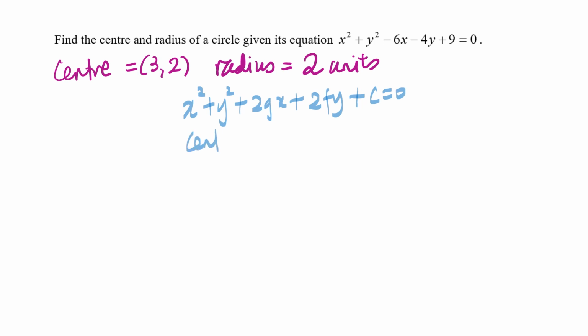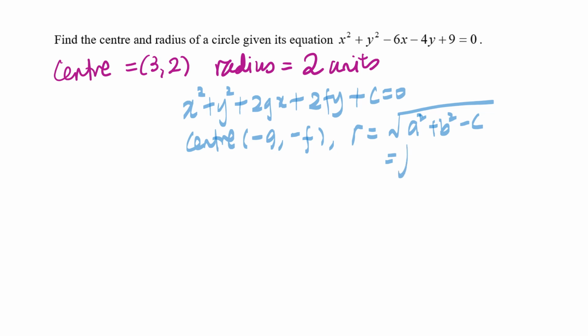The center will be negative g, negative f. The radius will be the square root of a squared plus b squared minus c. Substituting a as negative g and b as negative f, that ends up as g squared plus f squared minus c. I forgot to do that in the earlier slide, but you can just change it yourself.